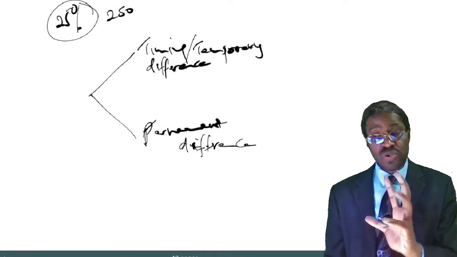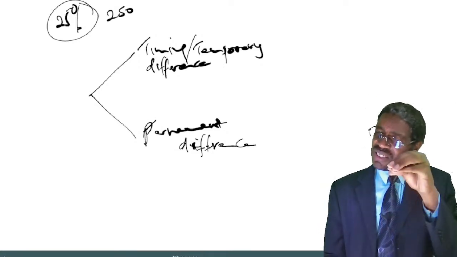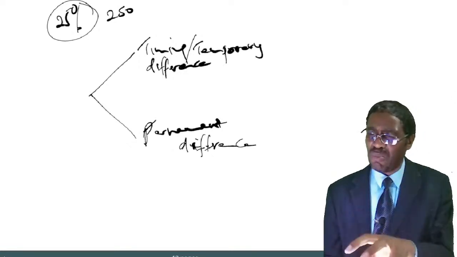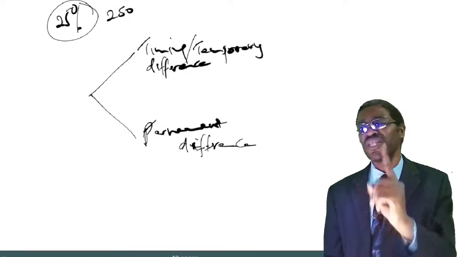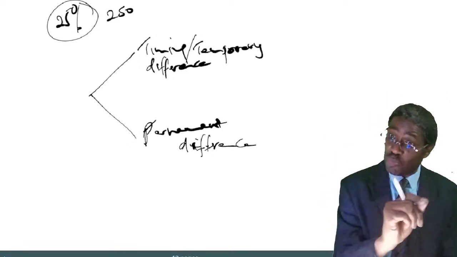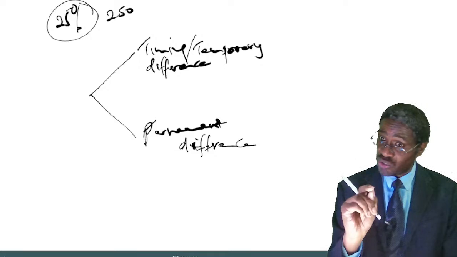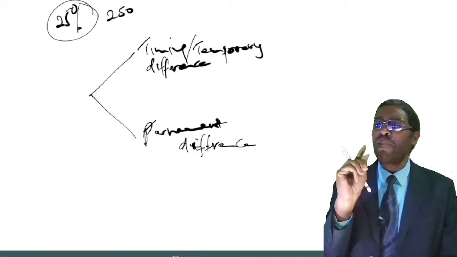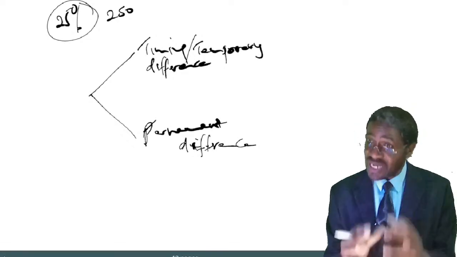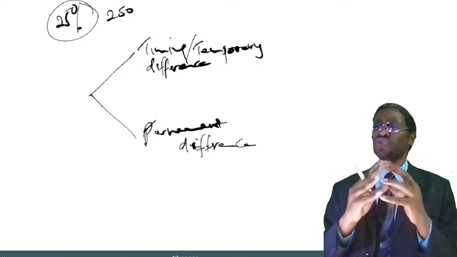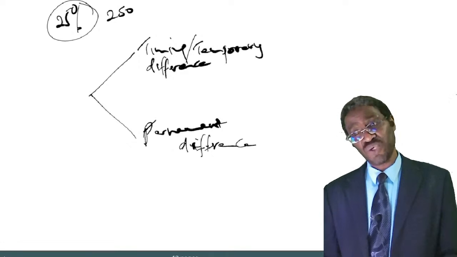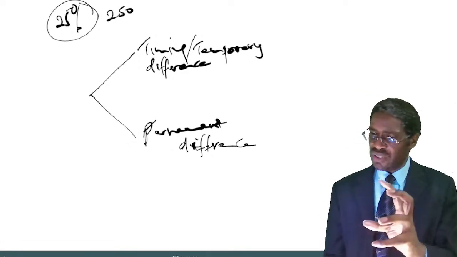No. So there is an item that is in the income statement this year, but it is totally disallowable for tax purposes, not even in the future. So that kind of a cost, why the two profits are differing, we classify it as a permanent difference. An item that is in the income statement, but which is totally disallowable for tax purposes, not even in the future. That is what we are saying.